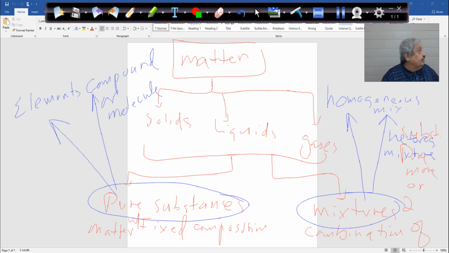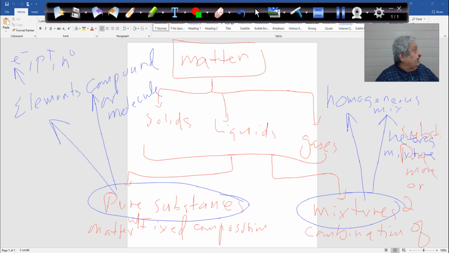Okay, so can an element go further? Yes, an element can be made of small tiny units that cannot be broken further by any chemical means or chemical reaction. Those are electrons, protons, and neutrons.